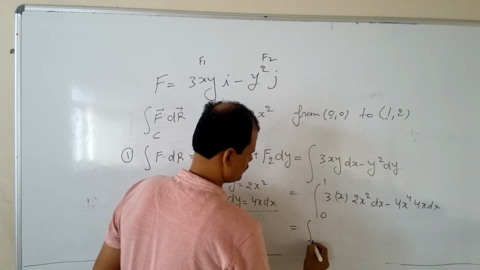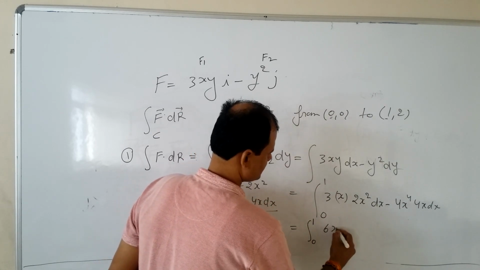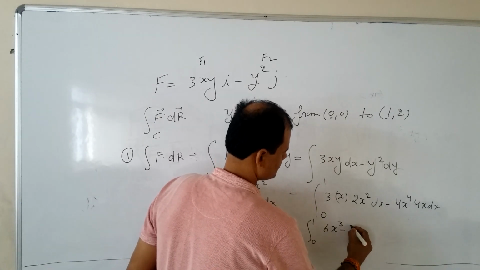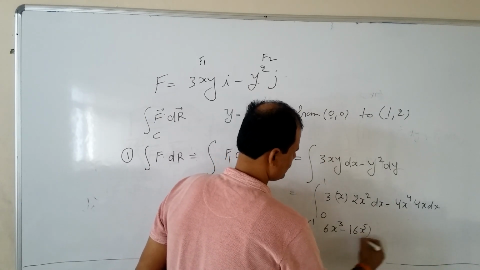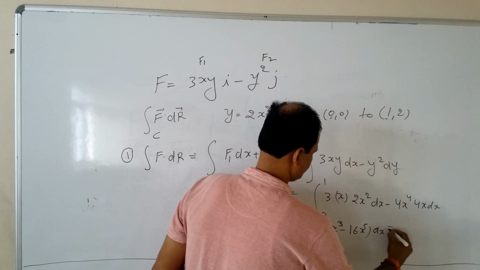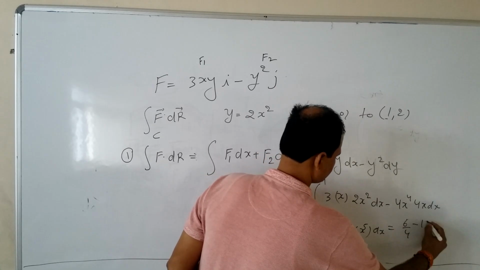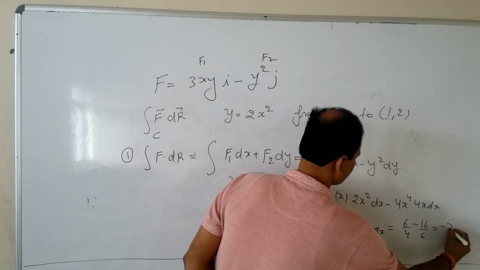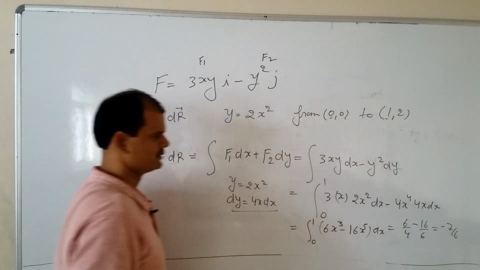So this will be the integral from 0 to 1 of 6x cube minus 16x power 5 dx. If you simplify we get 6 by 4 minus 16 by 6 equal to minus 7 by 6. We get the same answer.